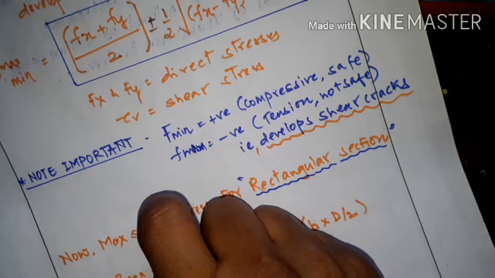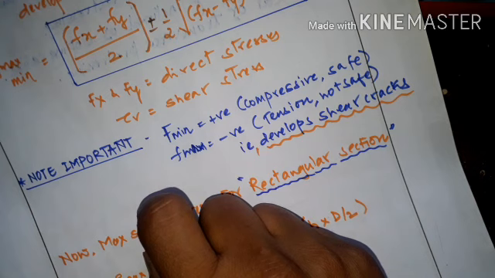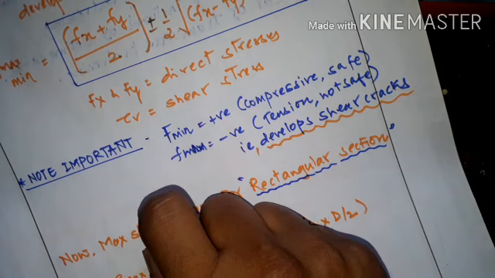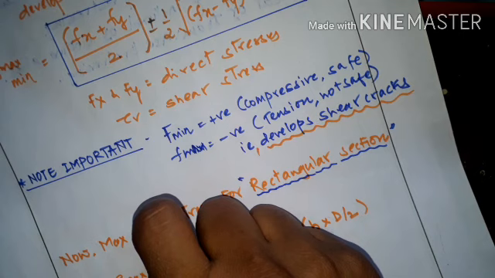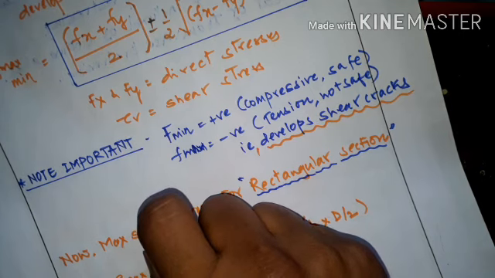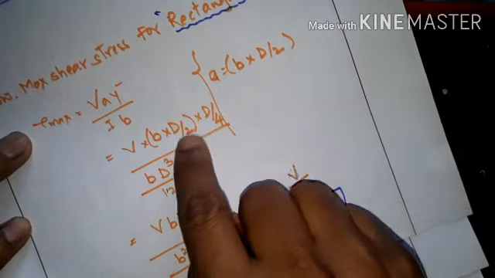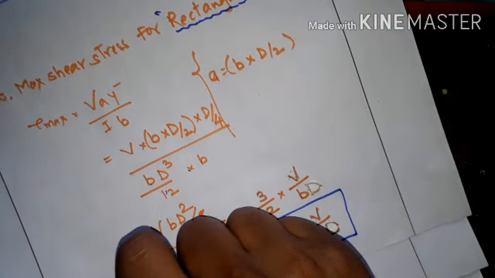So ultimately, what is the conclusion here? When any member or material is subjected to external force, it has to develop internal resistance to resist the external forces. It may be bending or it may be shear. In today's lecture we have studied how the concrete will develop the stresses, that is shear stress, with respect to the area, that is B D by 2 and D by 4, and how it will resist the forces.